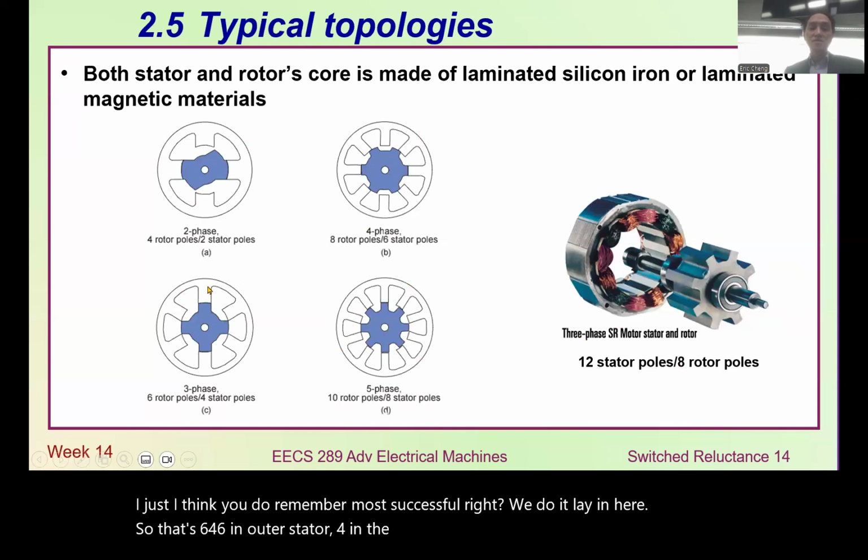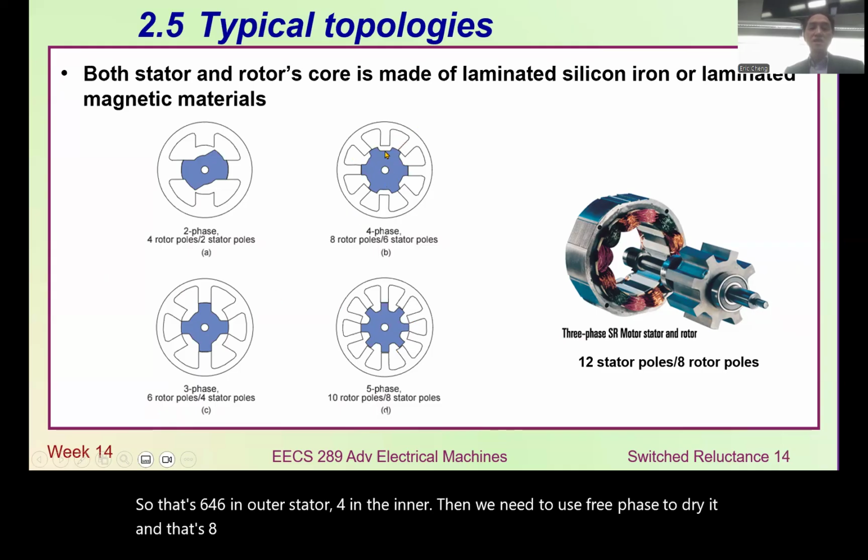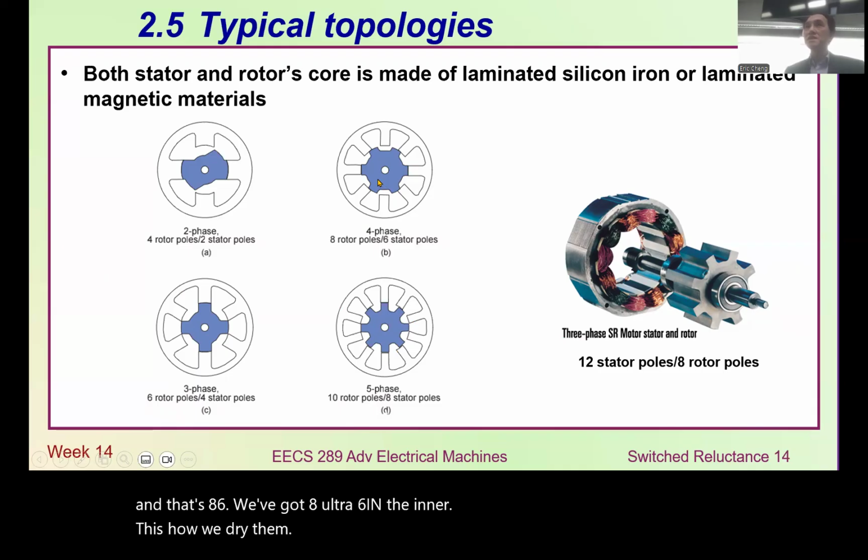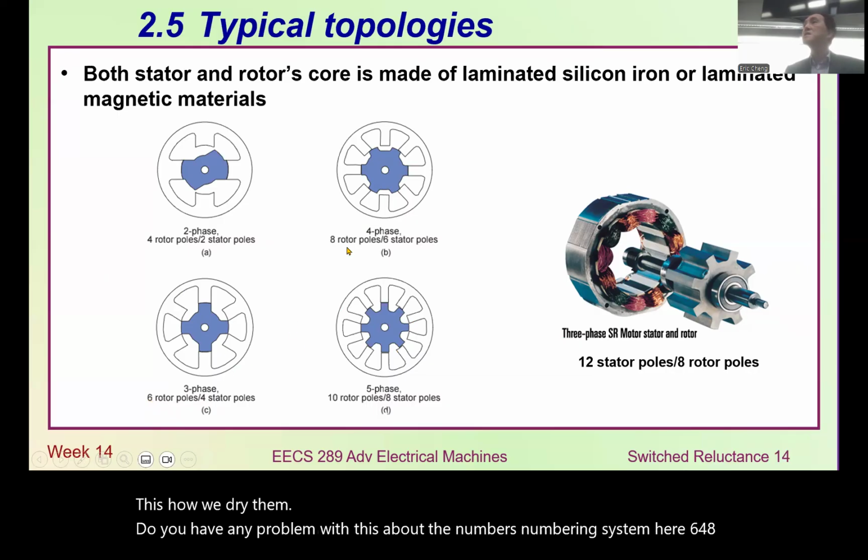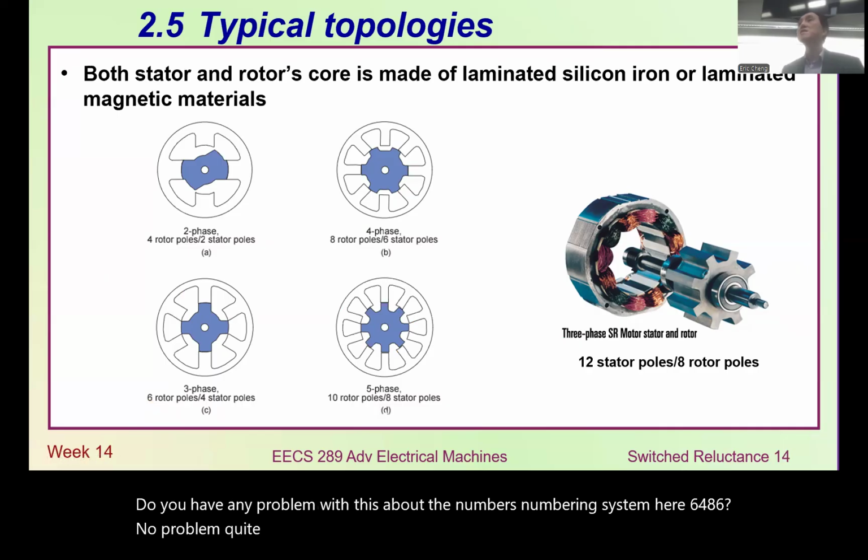Then we need to use 3 phases to drive it. And that's 8-6. We got 8 outer, 6 in the inner. That's how we drive them. Do you have any problem with this numbering system here, 6-4, 8-6? No problem, right? Quite simple, straightforward, right?